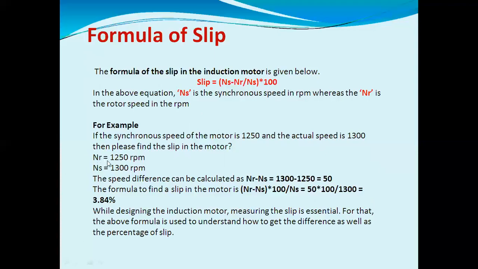So let us take an example to calculate slip in the motor where the synchronous speed is given, NS equal to 1300 rpm, and the actual speed NR is 1250, that is given. So the relative speed, NS minus NR, is 50. So the value of slip will be given by 50 by NS into 100, that is, the slip value is 3.84%.